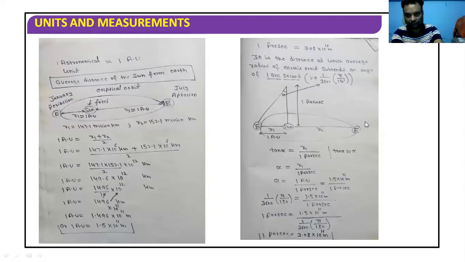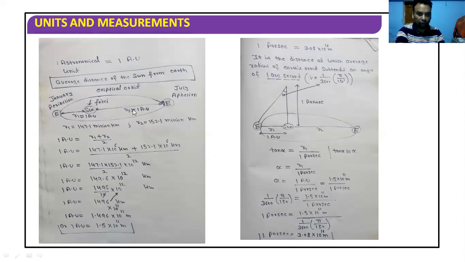So in this slide, first I will go to the left part of this slide. One astronomical unit, which is represented as 1 A.U., is the average distance of the sun from earth. So let me take the elliptical orbit of our solar system.